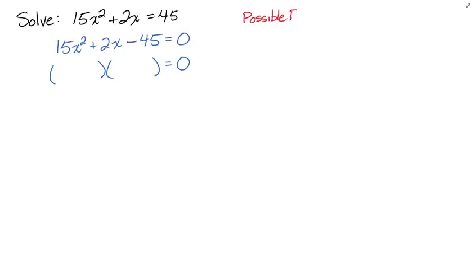The possible firsts are a 1x and a 15x. The other choice we might have is a 3x and a 5x. Both of those pairs multiply to give us 15x squared.